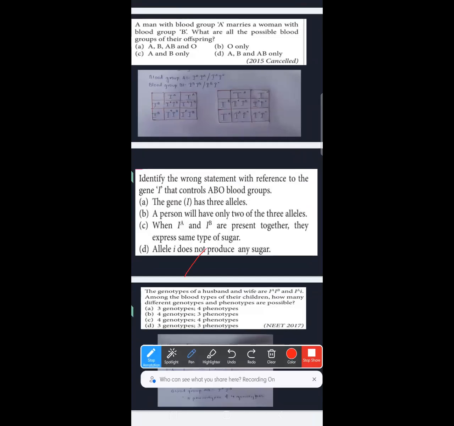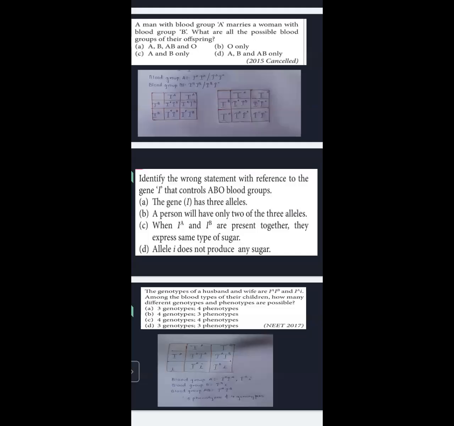Now this question is regarding a wrong statement. We have to be careful while solving.